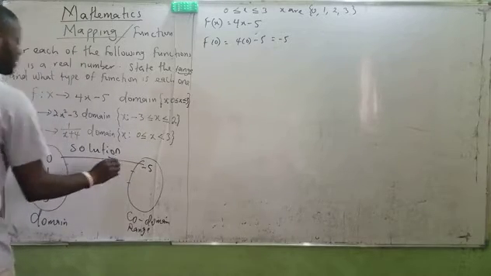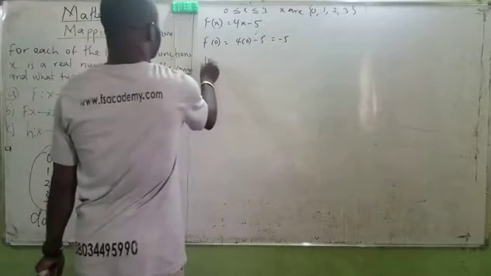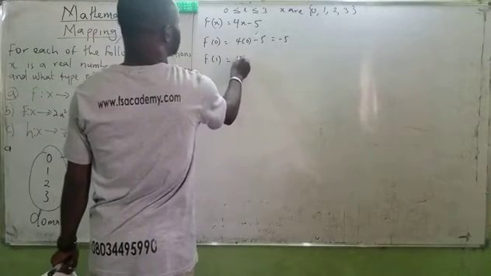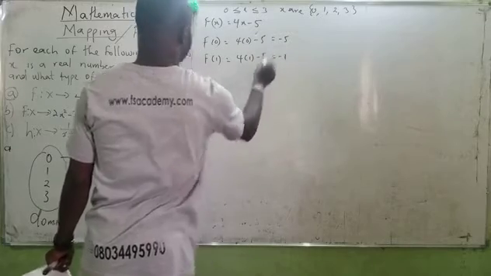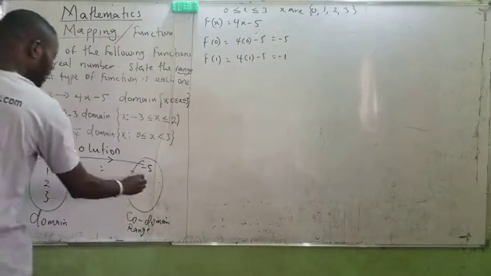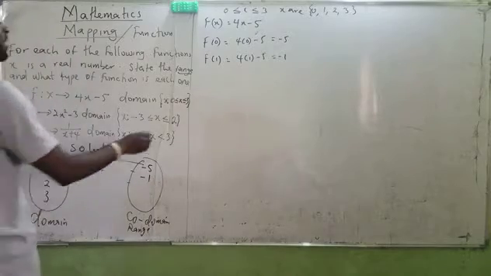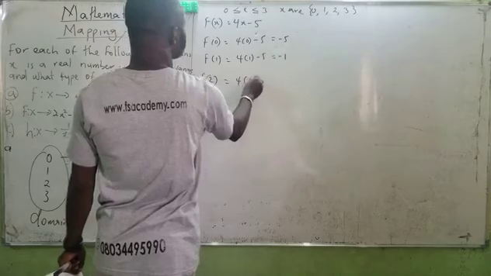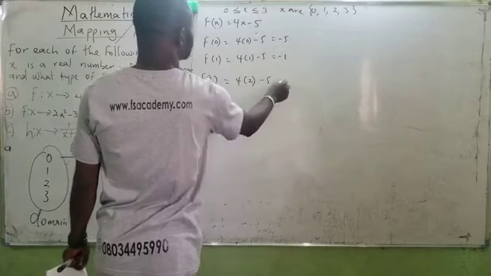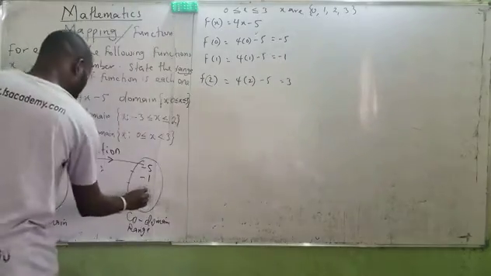At f of 1, it will be 4 times 1 minus 5, which is minus 1. At f of 2, it will be 4 times 2 minus 5, which is 8 minus 5, which is 3.